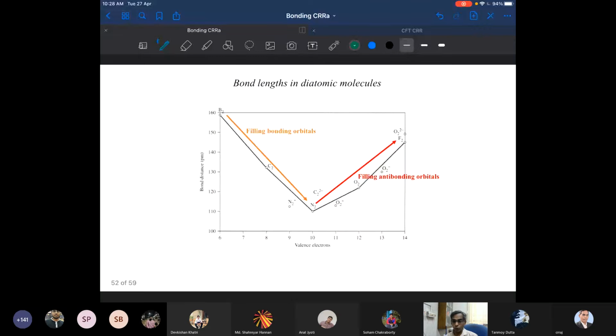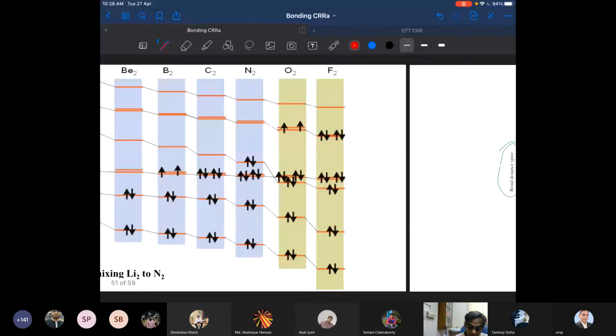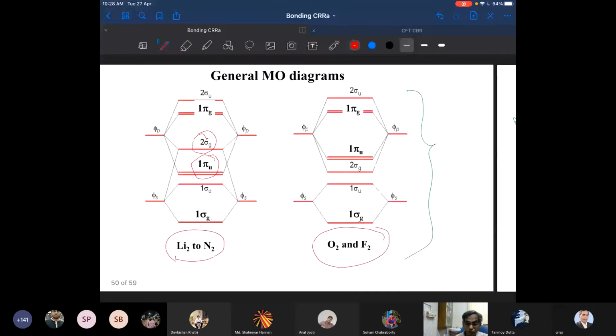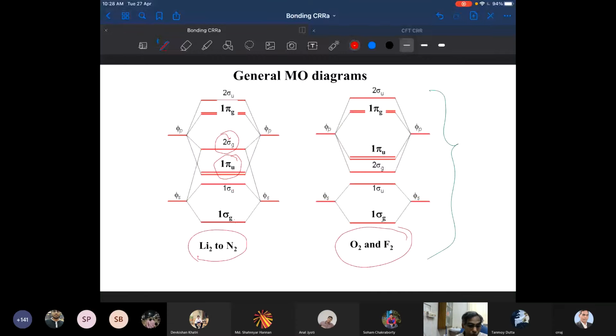Right. Now look at this diagram. What we have here is that I have plotted bond distance versus the valence electron count. What I am doing is gradually filling the number of electrons.